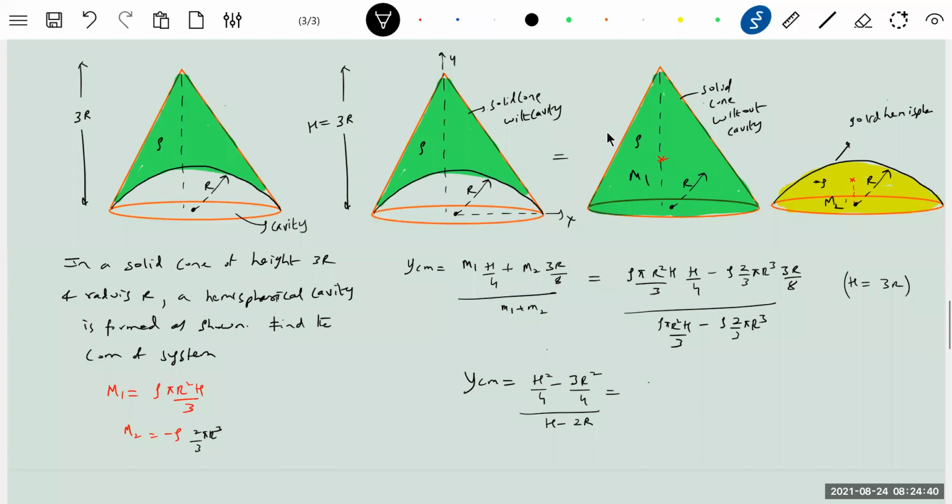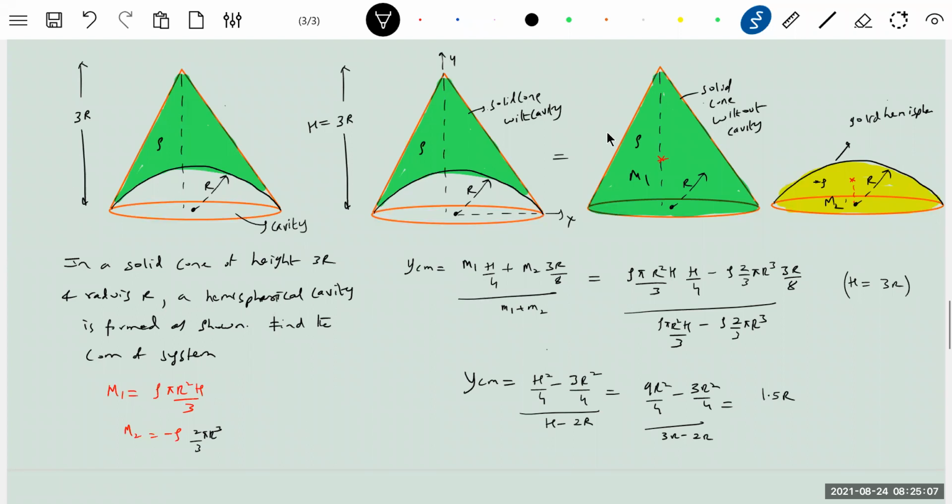So what is h square? 9r square by 4. h is 3r minus 2r. The answer is 1.5r.